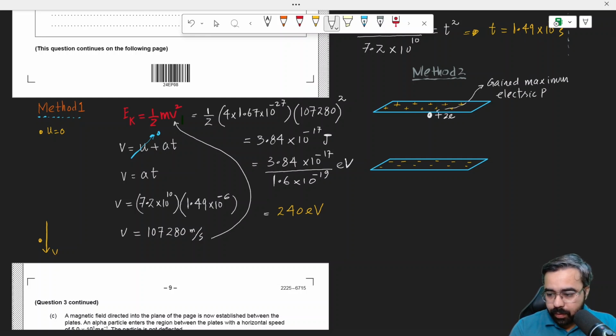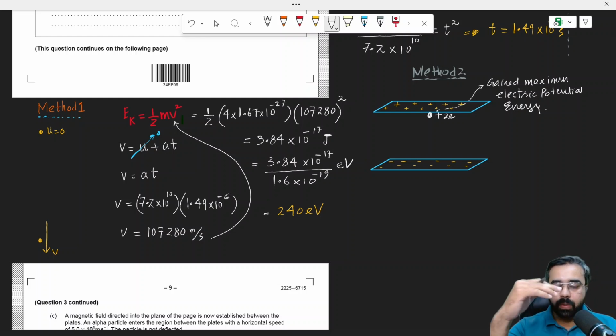It means we have done an external work to hold it close to the positive plate, because it cannot stay by itself. So we are doing the maximum work to hold it, which appears in the form of an increase in its electric potential energy.